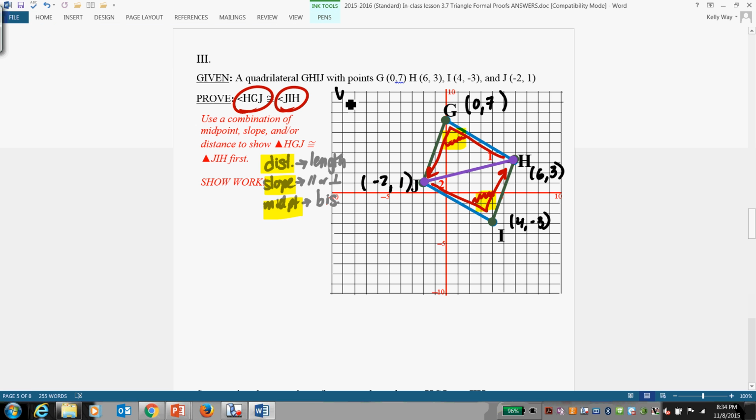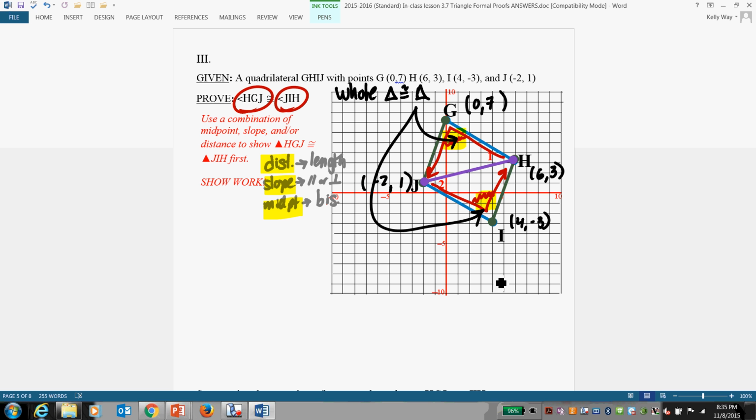So keep in mind, if we can prove that the whole triangle is congruent to another whole triangle, then we can say that the parts of the triangles are congruent by CPCTC. Okay, so if one whole triangle is congruent to the other one, then they're congruent by CPCTC.